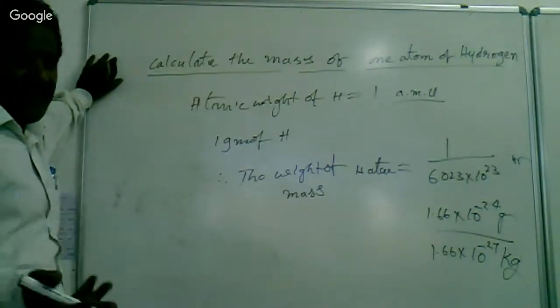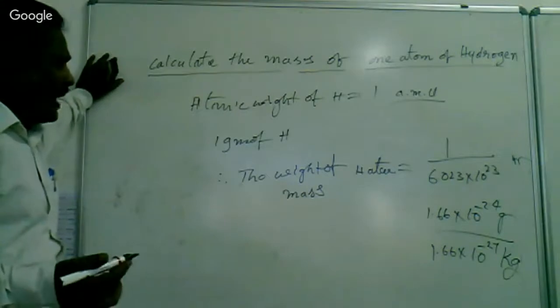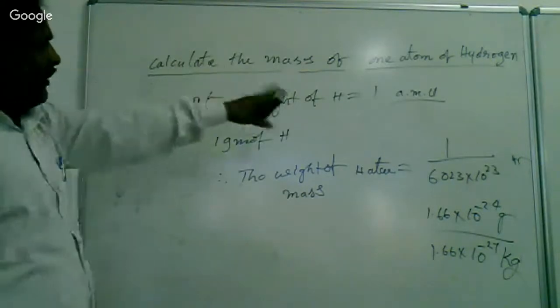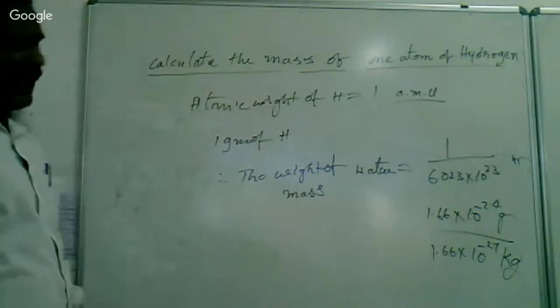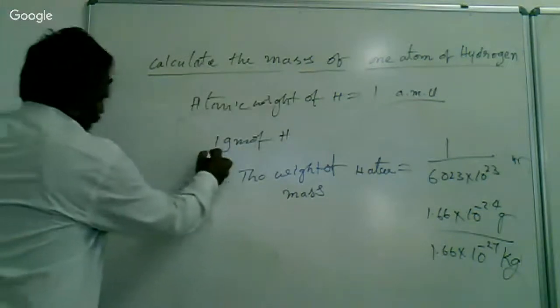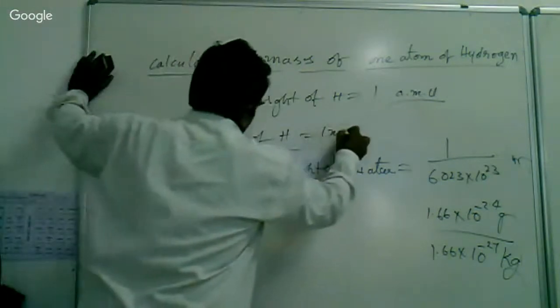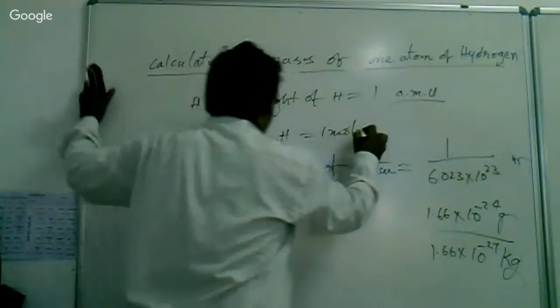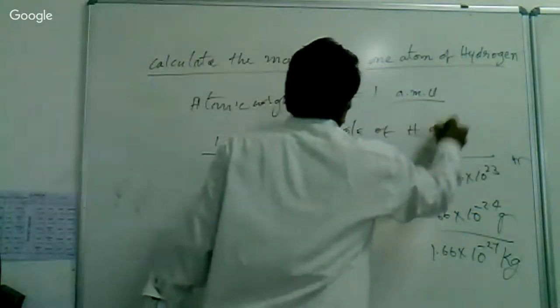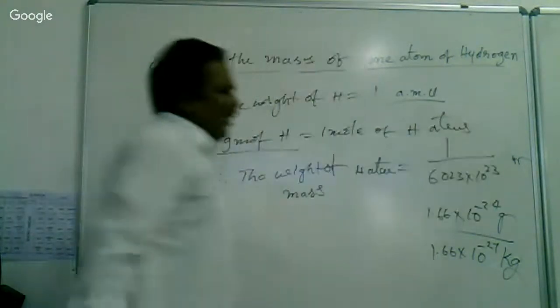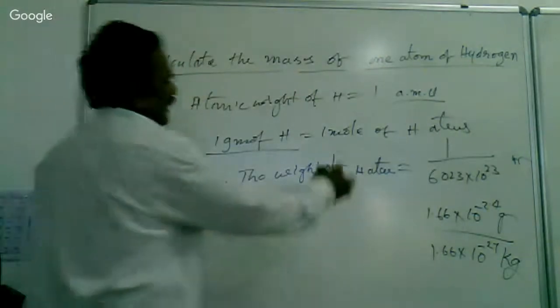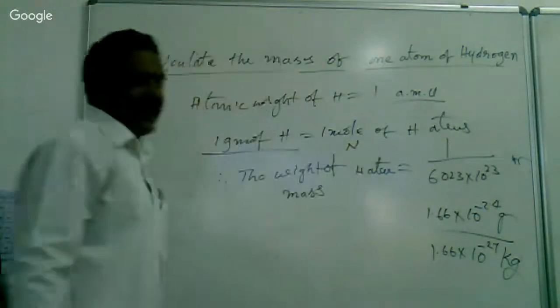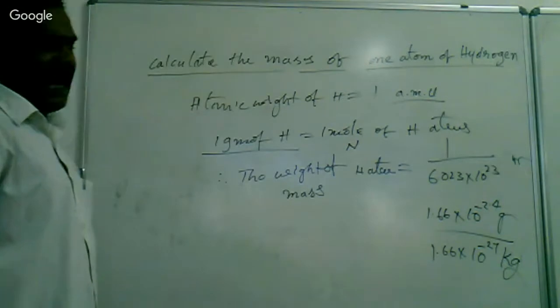So the atomic weight of hydrogen is 1. If I take 1 gram of hydrogen, it is 1 mole of hydrogen atoms. 1 mole of H atoms is Avogadro number of atoms, that is N.